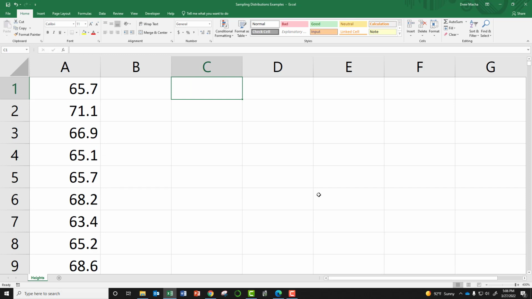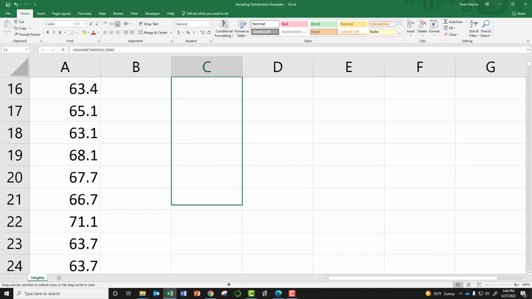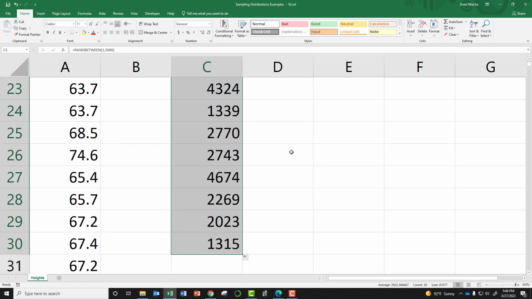Now, what if I just randomly sample 30 of these? Well, to get 30 students sampled, I'm going to have to generate 30 random numbers between 1 and 5,000. So let me just drag this down and generate 30 random numbers.